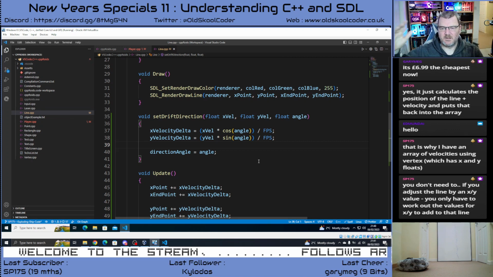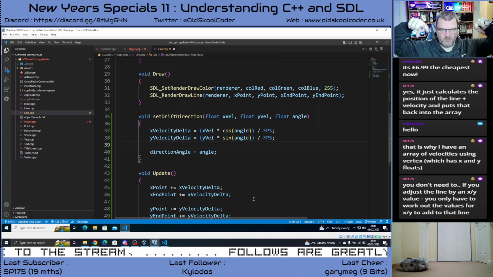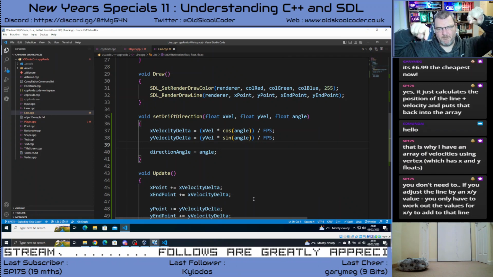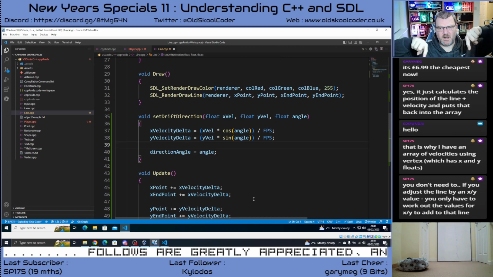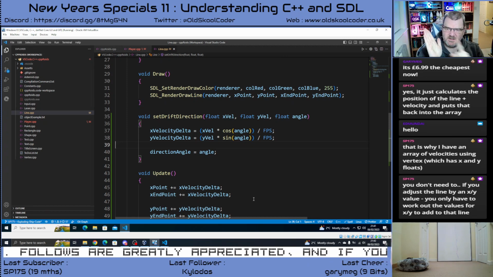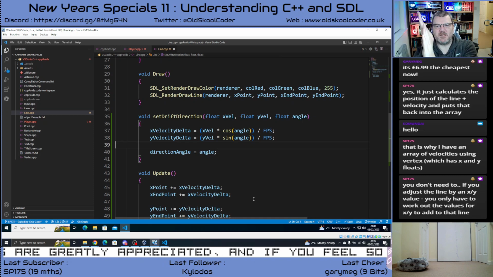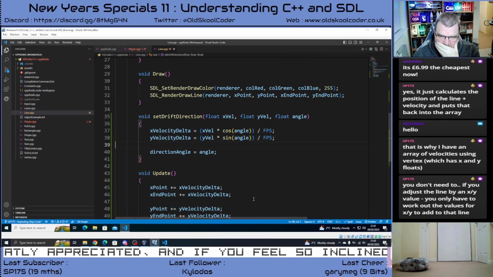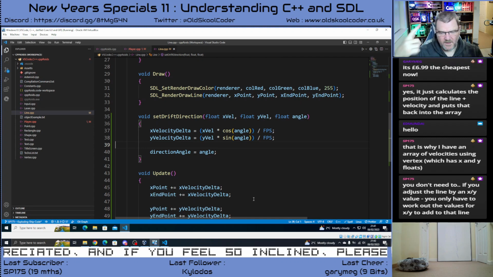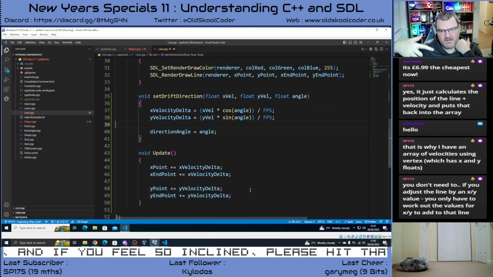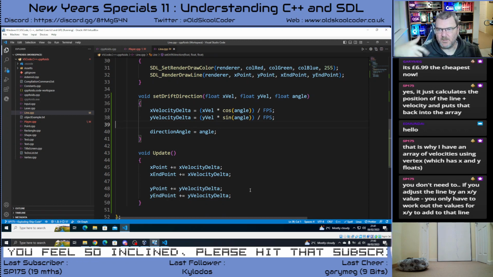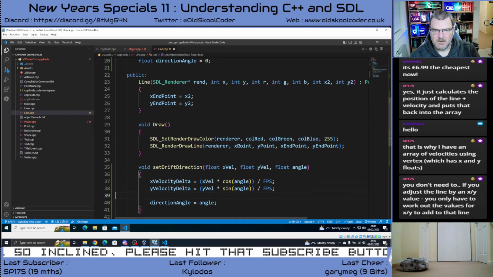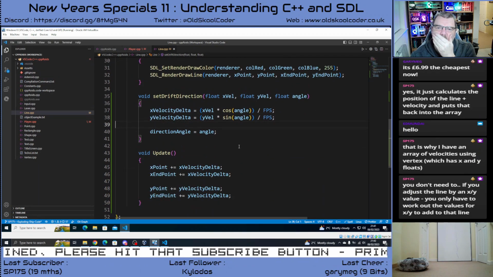So we create the line with the two points of the ship, yeah? And then we'll set the drift direction, which is going to set the velocity of both x and y and the direction it's going in, yeah? And then the update will perform that x and y direction change. That should work.